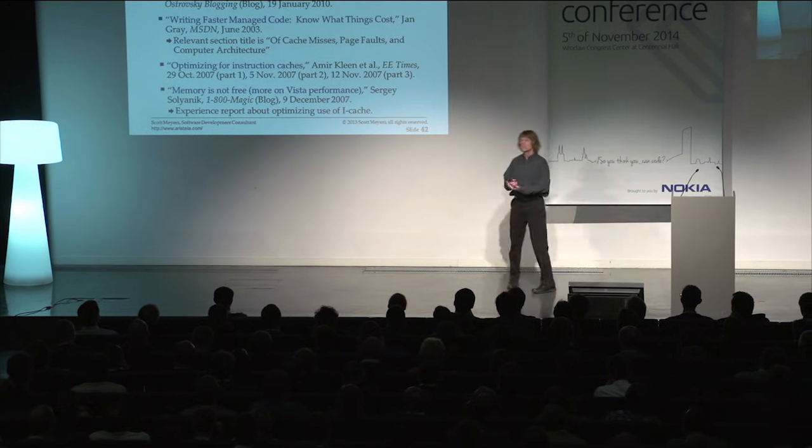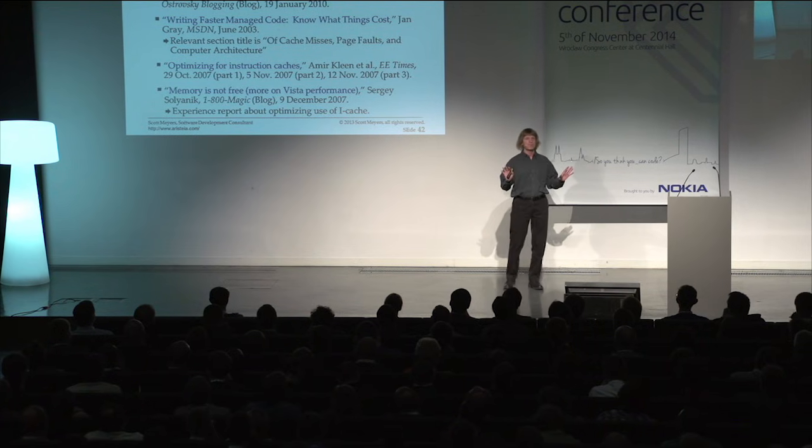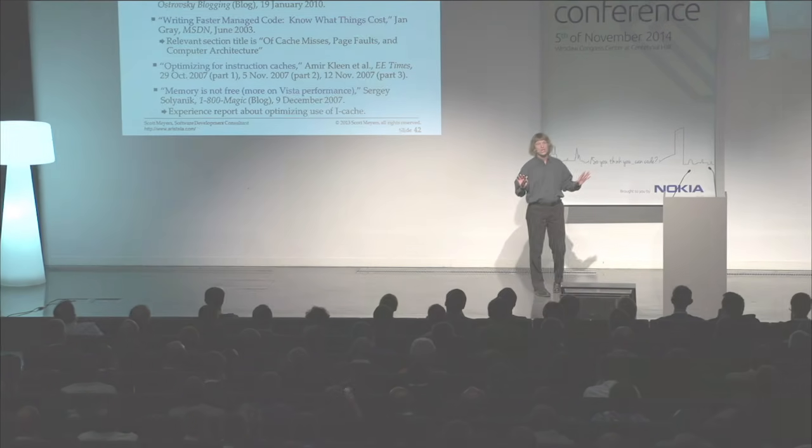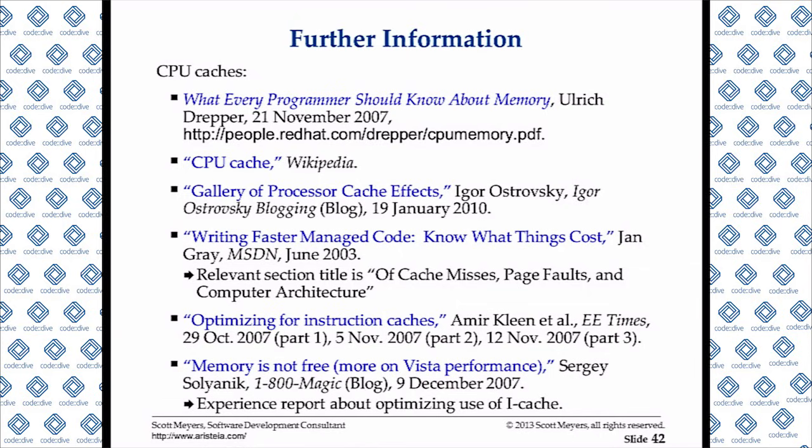So that's the end of what I'm going to talk about, but as I said, there's a lot more information that you could acquire. When I have questions about how CPU caches work, the very first place I go is this document here, What Every Programmer Should Know About Memory by Ulrich Drepper. It's 7 years old now, which seems like it should be ancient history, but it's still very accurate as far as I know.